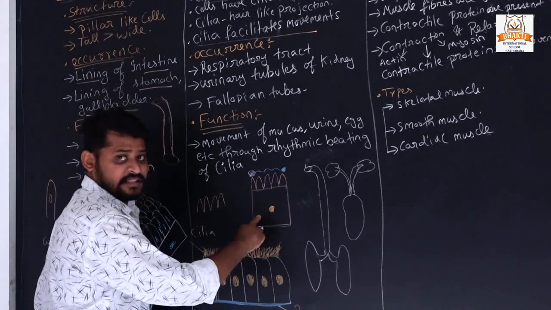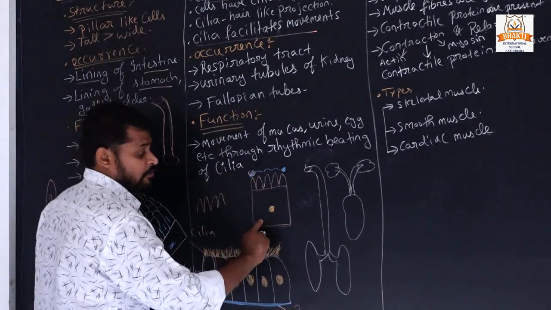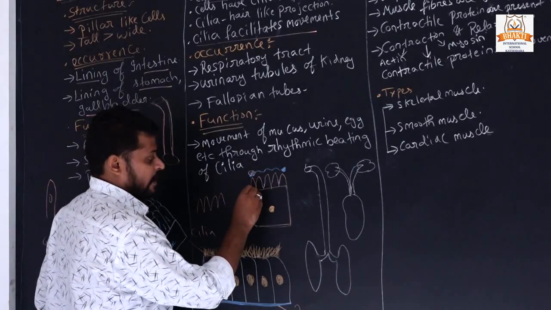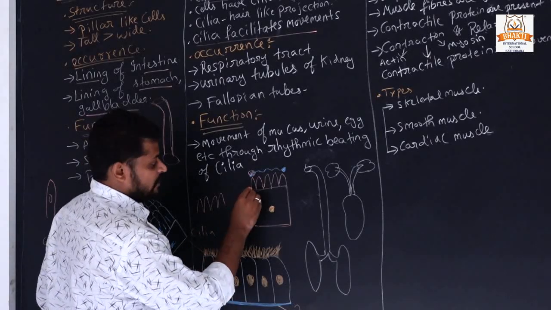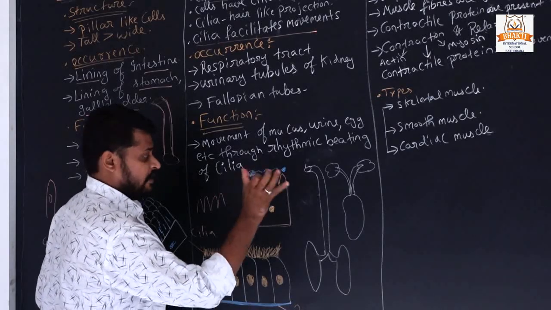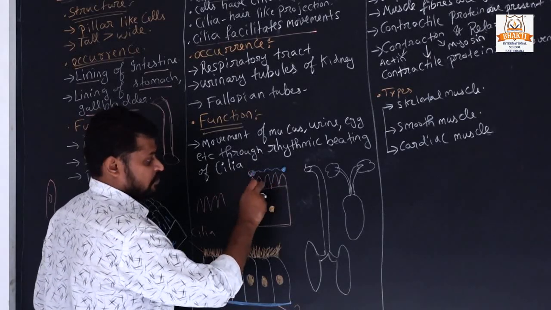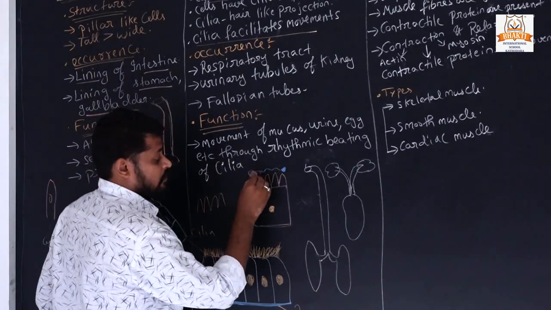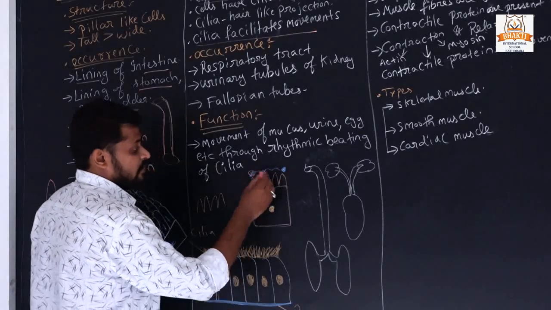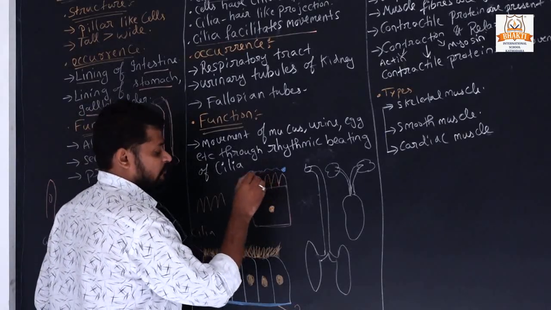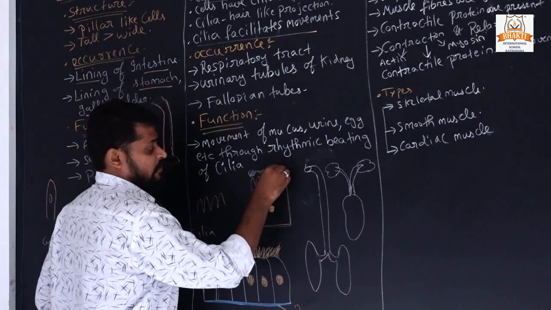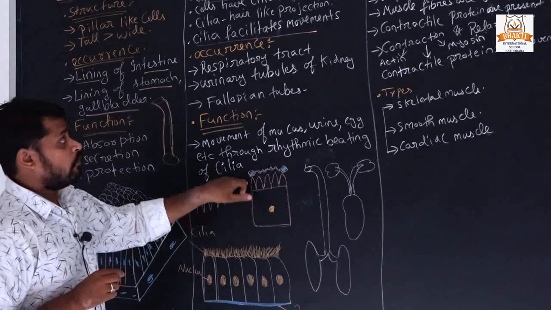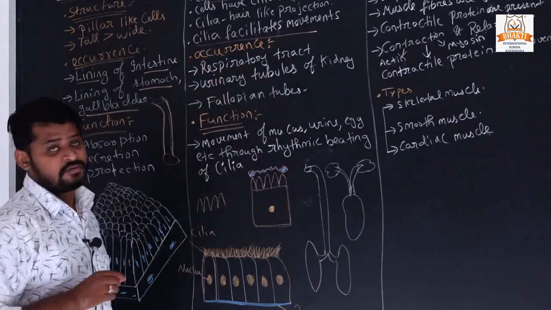This cell is not able to move from one place to another, but it will take the help of cilia. Cilia will contract and relax, and from this contraction and relaxation, it will move the object from one place to another. So cilia facilitate movement to the cell.